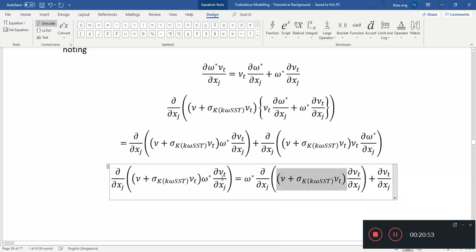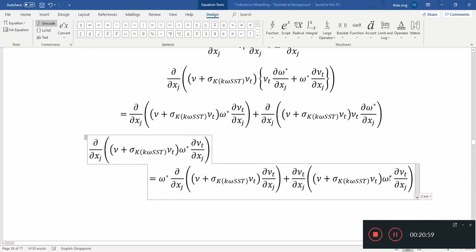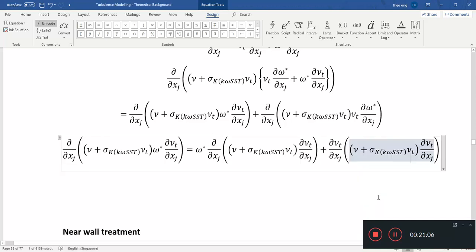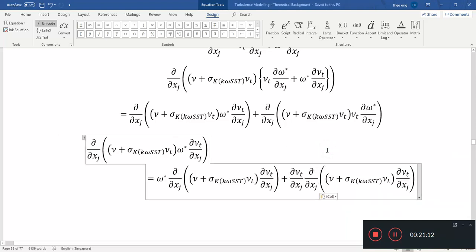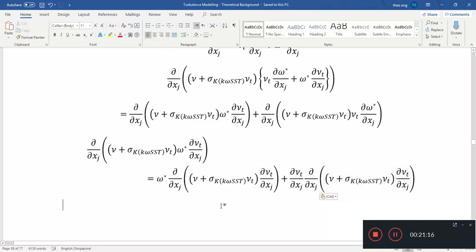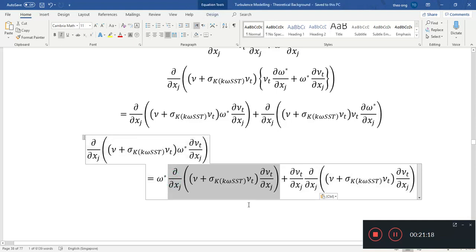Then I can delete this term, and in a sense you'll see this term popping out. So this is what we kind of expect, but this is one of the extra terms that pops up.